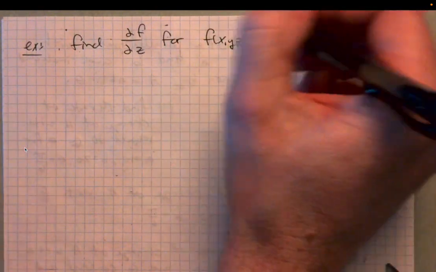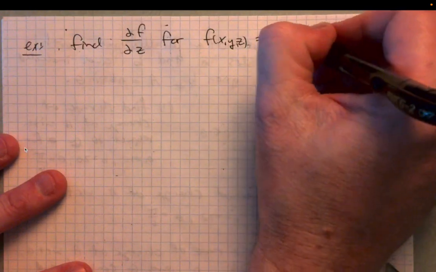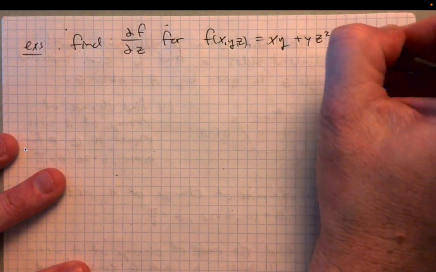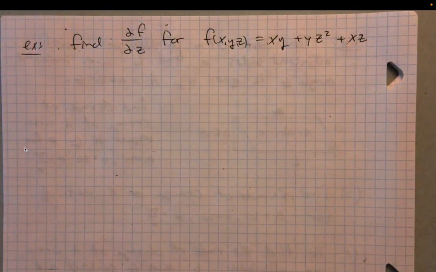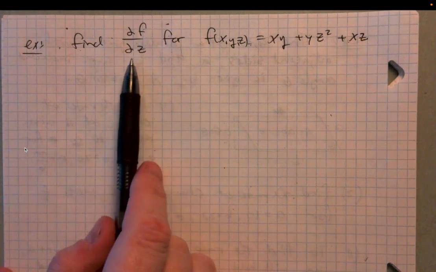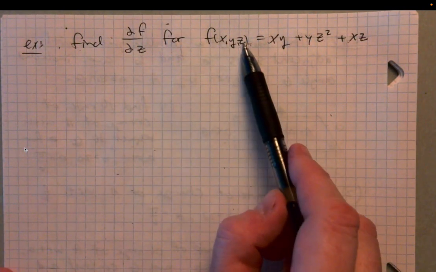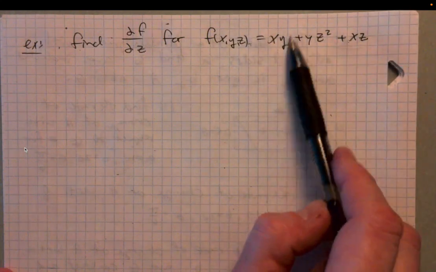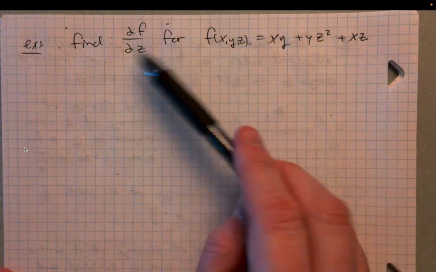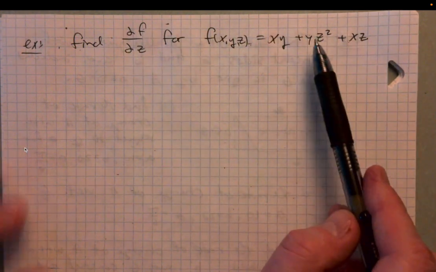You've got 3 independent variables here, and this will be xy plus yz squared plus xz. Same idea as before. It's just that in this case you have to hold in your mind x and y as constants, and z is the only variable. So this whole term here, for example, is a constant, and so it goes to 0 when we differentiate with respect to z. These two will stick around.